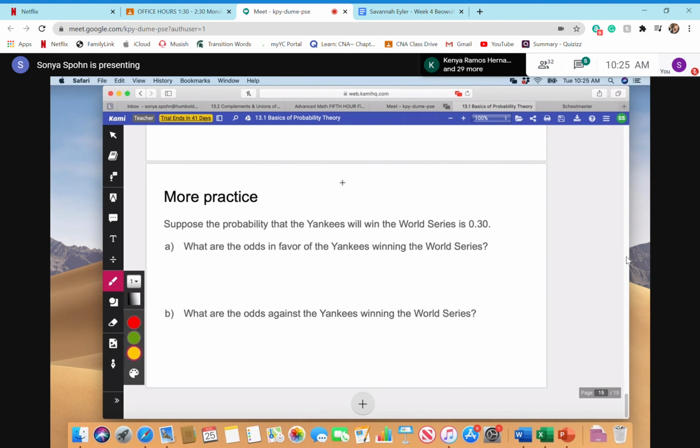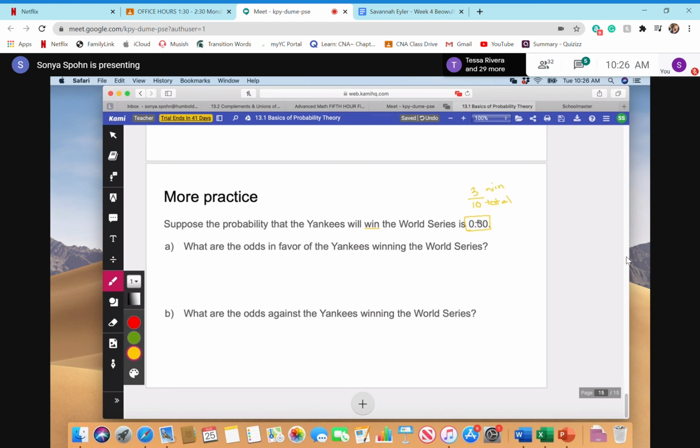And then the last one is odds. So this one says, suppose the probability that the Yankees will win the World Series is 0.3. What I would do first is take this 0.3 and turn it into a fraction. 0.3 is 3 out of 10. So when this is probability, the 10 is our total, and the 3 is the event, and our event is winning.